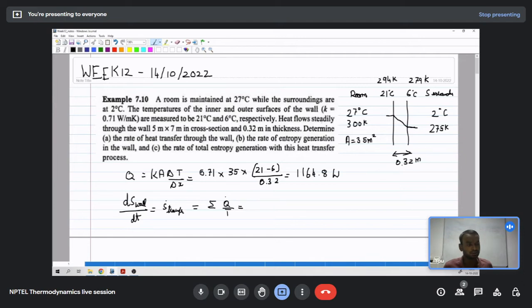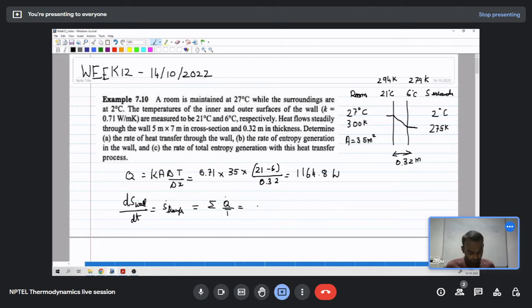The heat transfer into the wall occurs at 21 degrees Celsius or 294 Kelvin, and heat transfer out of the wall occurs at 279 Kelvin. For both cases, the heat transfer is 1164.8.